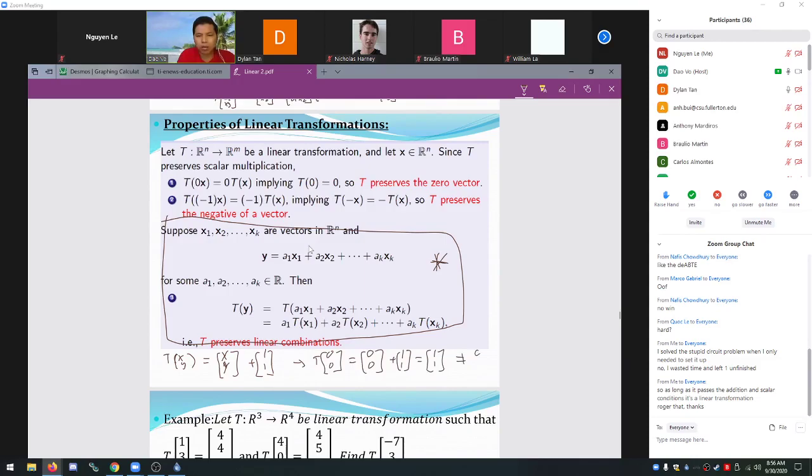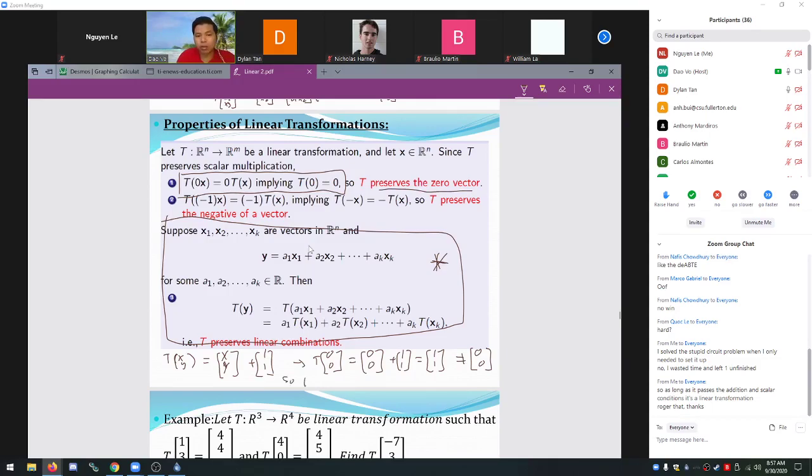And this does not equal (0, 0). You can see it contradicts this property, because a linear transformation preserves the zero vector, meaning that when you plug in the zero vector, it needs to give you the zero vector. But here, when you plug in the zero vector, it gives you the vector (1, 1).